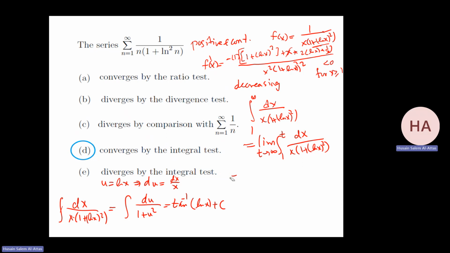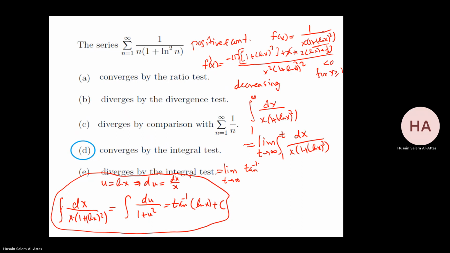So this one will be the limit as t goes to infinity of tan inverse of ln x from 1 to t. And that will be the limit as t goes to infinity of tan inverse of ln t, minus tan inverse of ln 1.